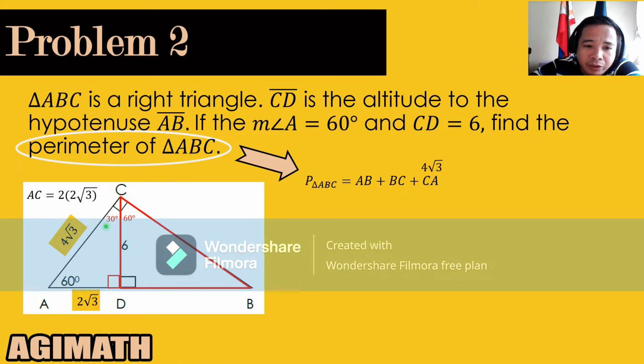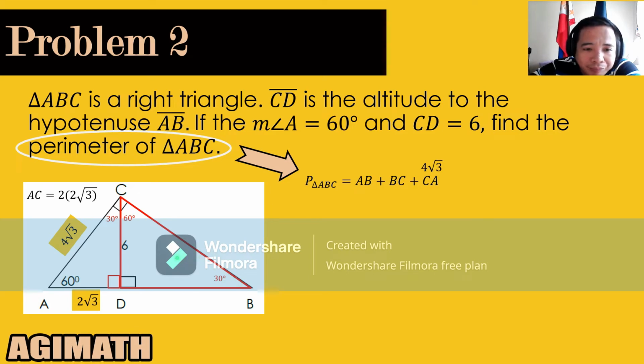Since this angle measures 30 degrees and they are complementary angles, this angle should measure 60 degrees. And since we have a right angle, 60 plus 90 is 150, so the measure of this angle should be 30 degrees so that we can have a sum of 180 degrees.